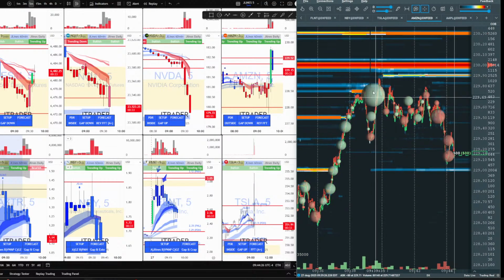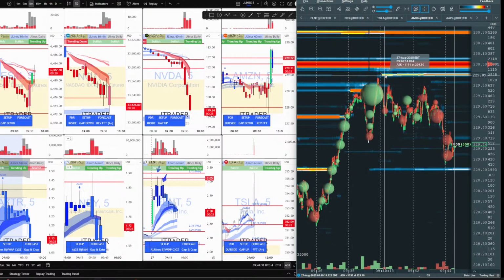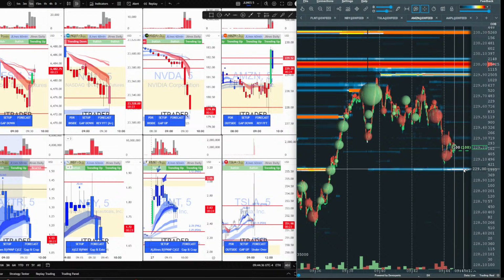You can see in this case on Amazon, we had buyers. Okay, so the reason why we got long came near the 230 and now some sellers over here. So below 229, we can cut.